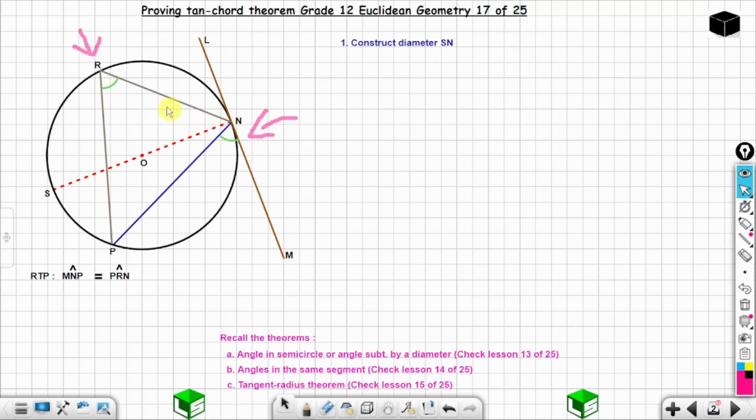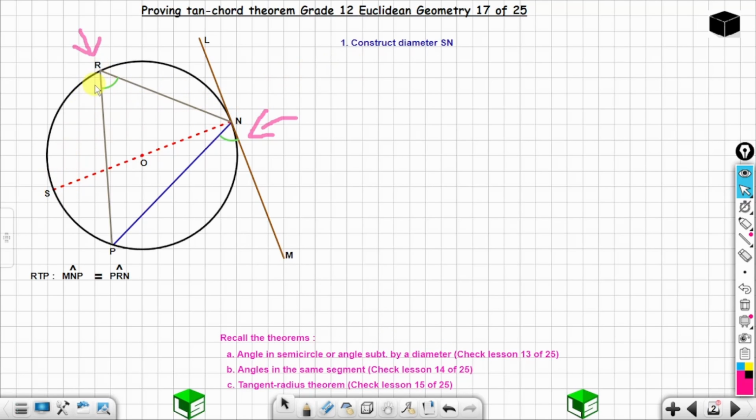Now let's focus on this one. Can you see? You have a diameter, and an angle subtended by a diameter is equal to 90 degrees.